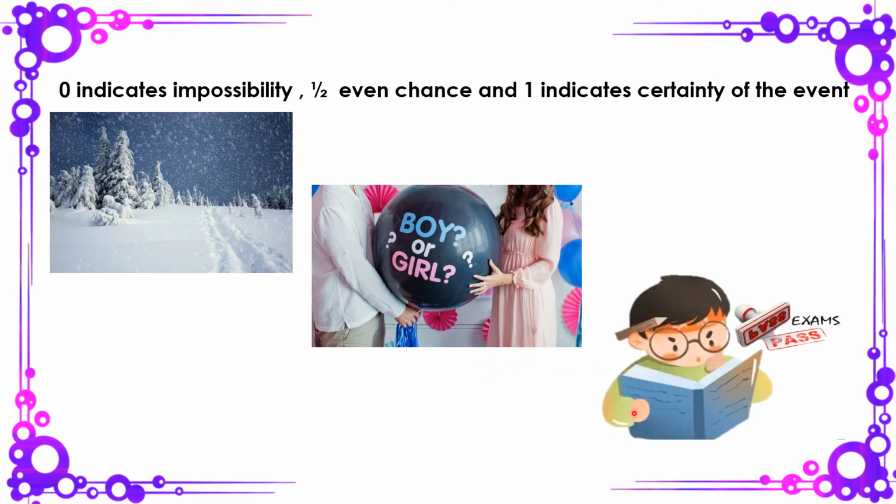And you see here a student who is responsible and studying. So if he has an exam, there is a higher percentage that he may pass the exam. So this indicates 1.